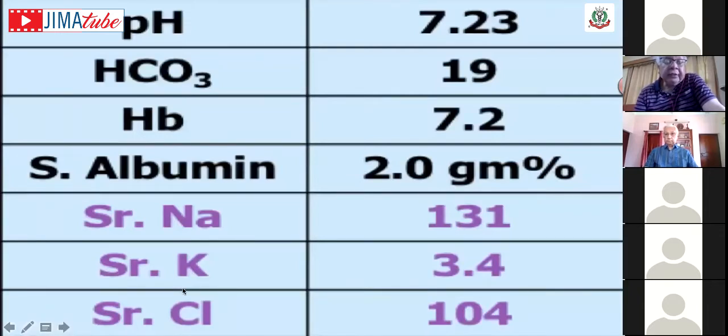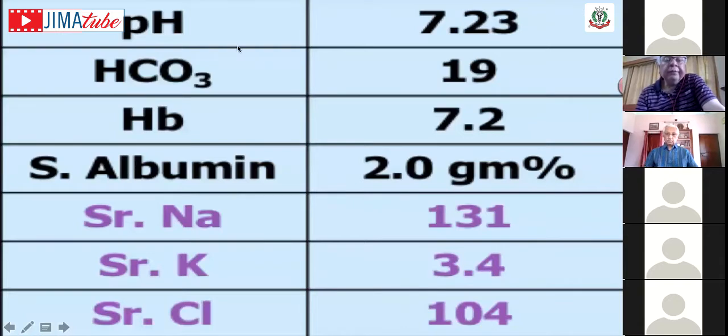Now, the second question is, what kind of metabolic acidosis does this patient have? So if somebody can look at it and tell me. So this is metabolic acidosis with a respiratory acidosis, we agree. Now, what kind of metabolic acidosis are we talking about? Normal anion gap acidosis.